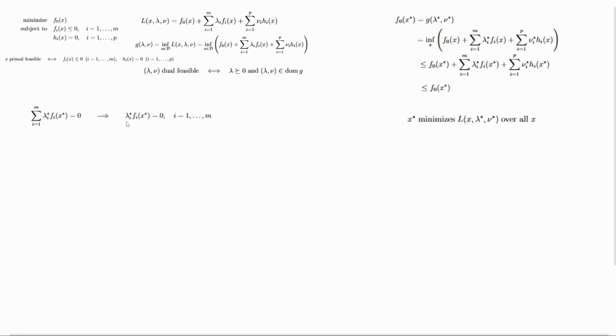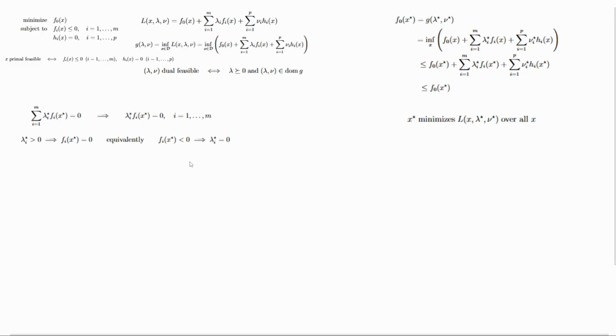That means, what can we say about lambda and f if the product equals 0? Well, if lambda is not equal to 0, then that forces f to be 0. If f is not 0, that forces the multiplier lambda to be 0. So this just spells out the complementary slackness condition.